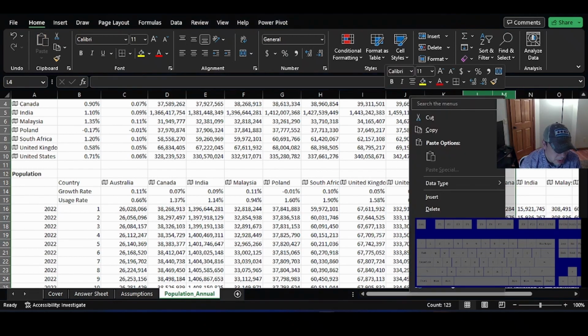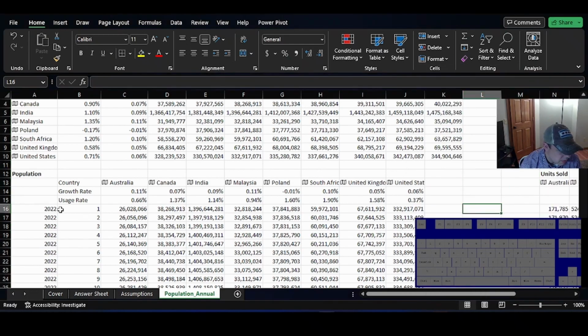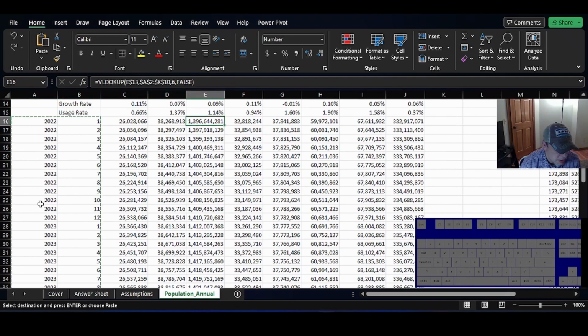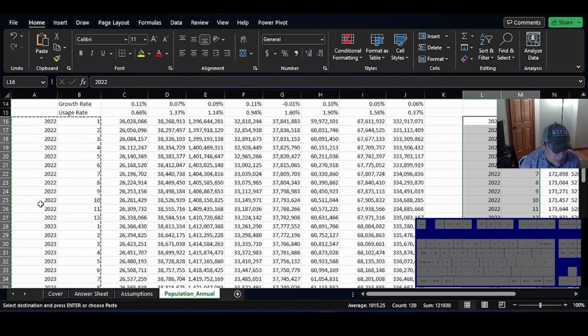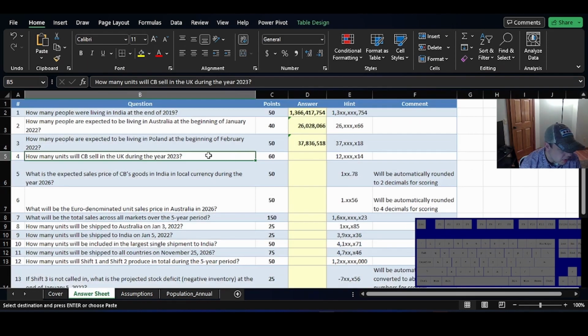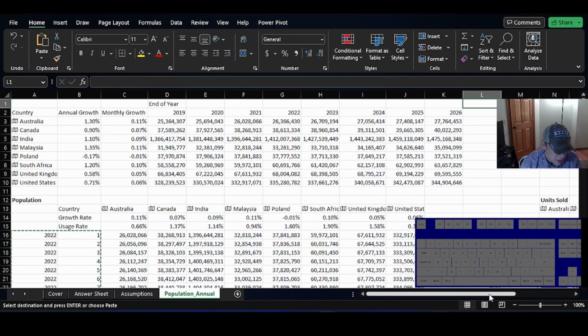If I insert 2 there, and let's do the same month and year. And then what was the question again? How many units will CB sell in the UK during the year 2023?